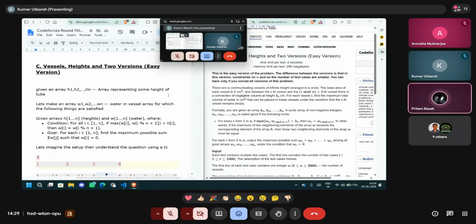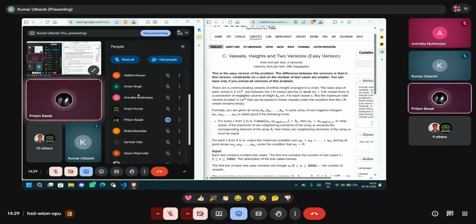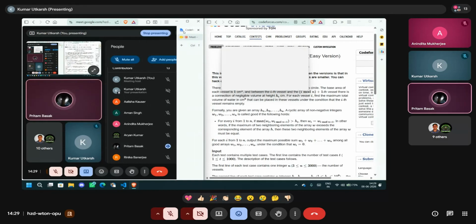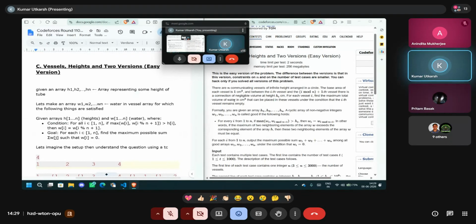So if I go in clockwise direction, then I will store the maximum value of a vessel or the maximum height it can, such that... Don't worry, just explain slowly. First, tell me what you understood from the question. Like, what did the question ask? This H1, H2, and W1, W2, right? And then just tell me in short.